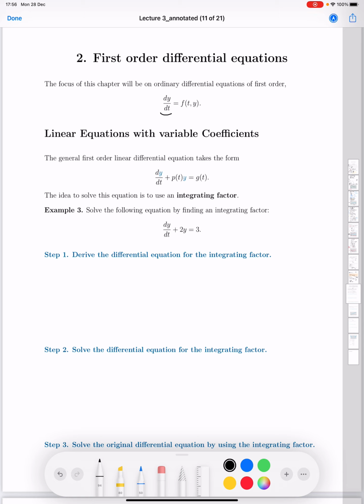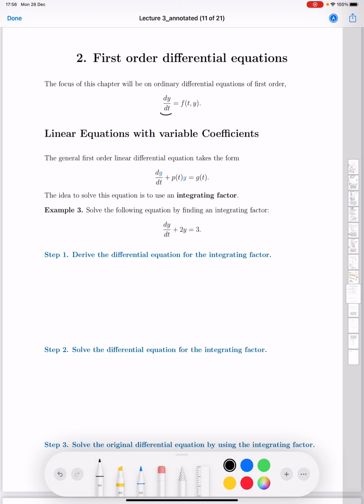But one of the cases that we know how to solve is when this f, or the whole equation, is linear. Now, if you remember, to make this a linear equation, we need f to be a linear function of y and its derivatives.